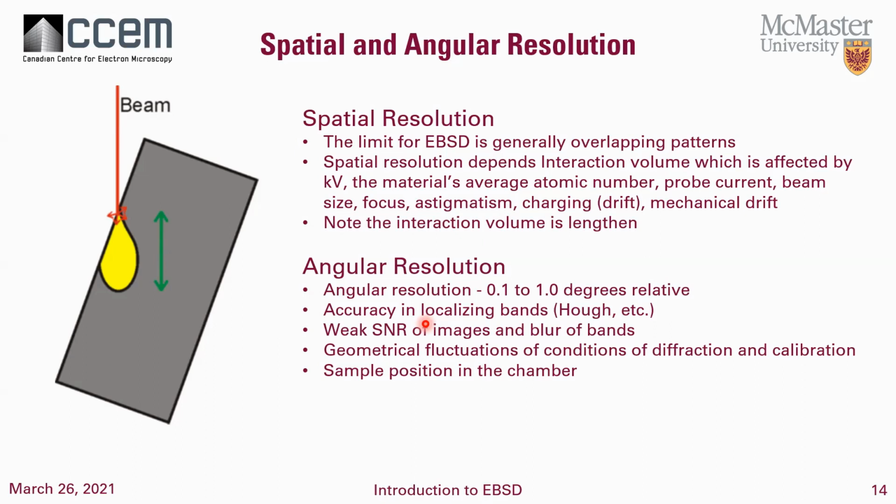So it tends to be the grain boundaries that are the problem. But you can also run into problems if it's a very deformed material. In a deformed material, you may have more problems getting good patterns, so it might be hard to identify patterns as well.